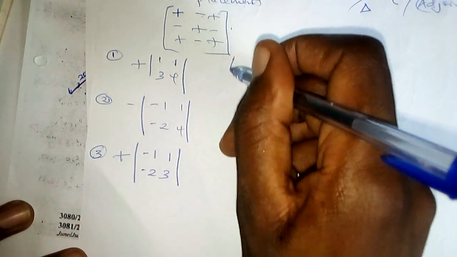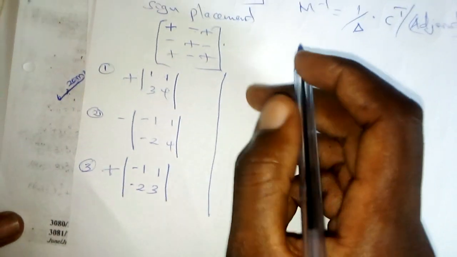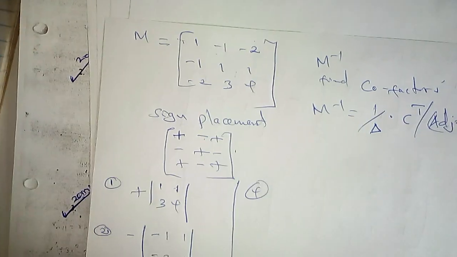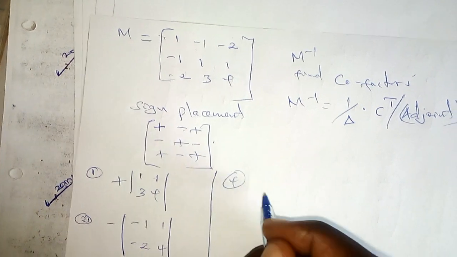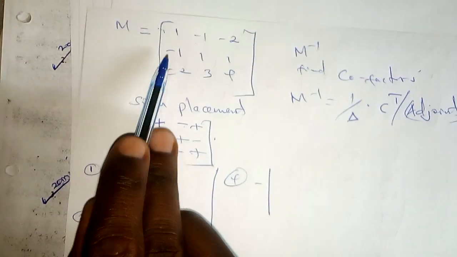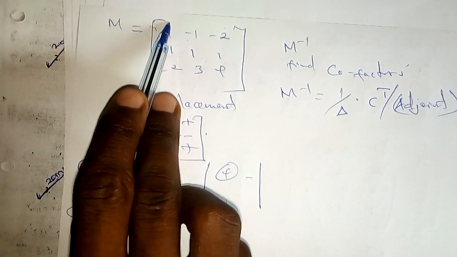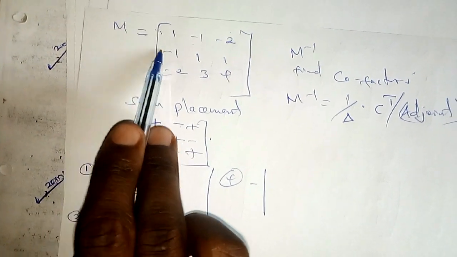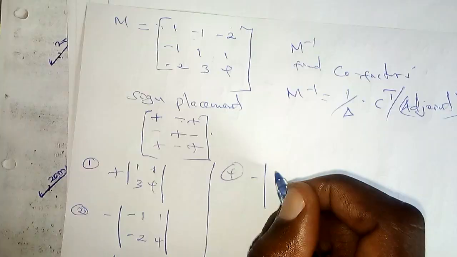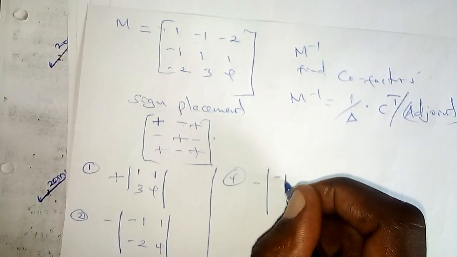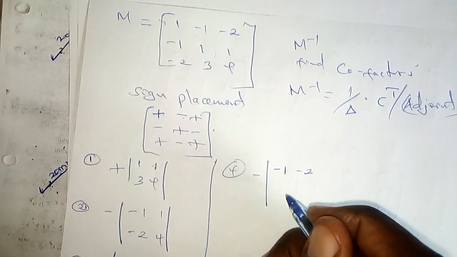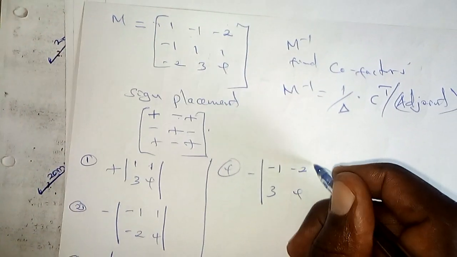The fourth is negative. We block this column and this row. The remaining components we have negative 1, negative 2, 3, 4.